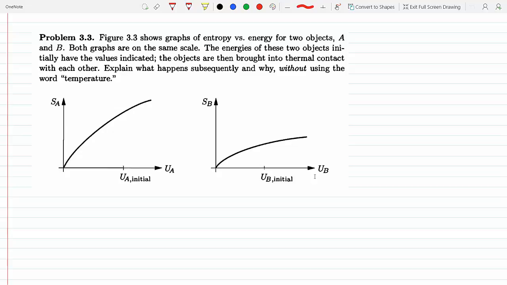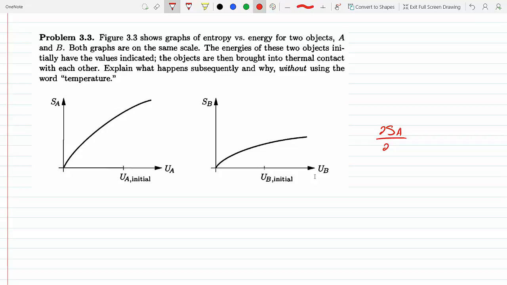And as we learned in this section, thermal equilibrium happens when dS, so for example for object A, dS_A over dQ_A, and Q_A is just U_A divided by some constant, because the energy is just the size of each unit of energy times however many of them we have.